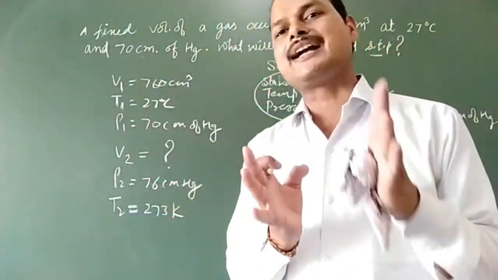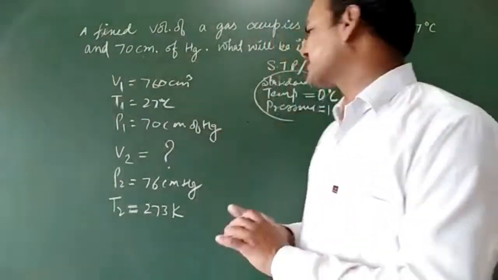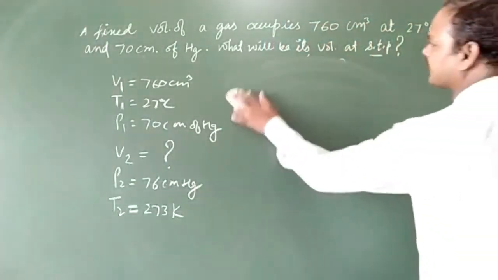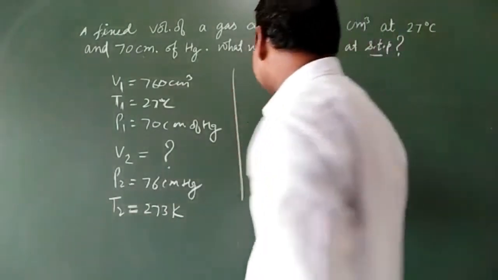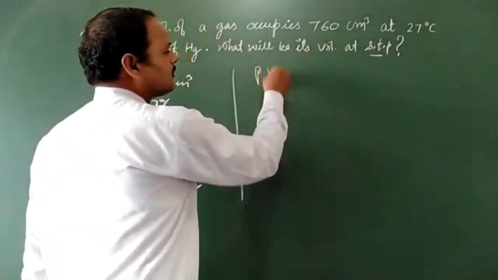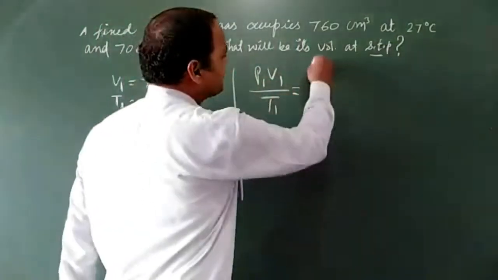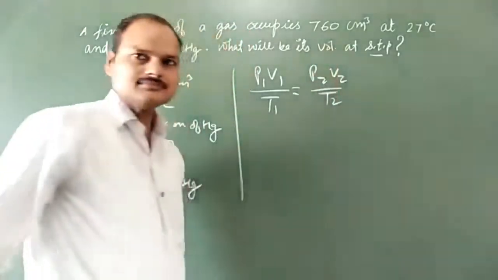It means we require gas equation to find out the volume V2 for this numerical. So I am writing gas equation. I hope you know that equation. We know that gas equation is P1 V1 upon T1 is equal to P2 V2 upon T2.